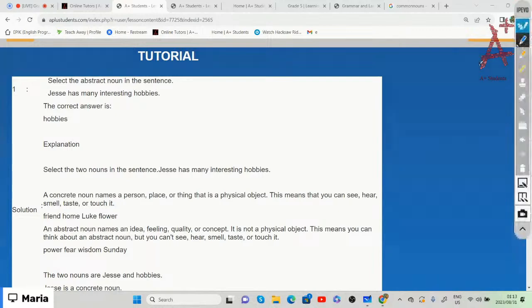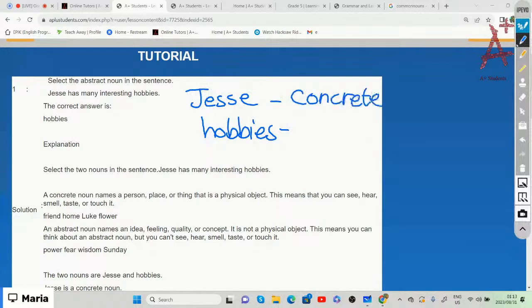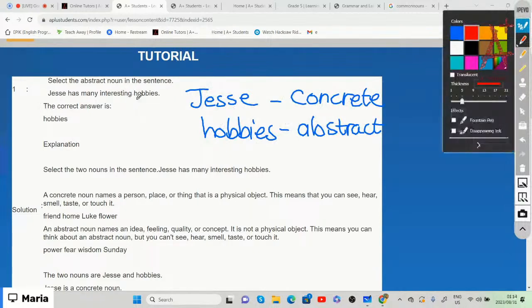If we were to select both nouns, then we can say Jessie is a noun as well as hobbies is a noun, right? And Jessie names a physical object or thing or person. So we can say this is a concrete noun. Whereas hobbies, it's abstract, right? So if we were to select the abstract noun, then our abstract noun is hobbies.